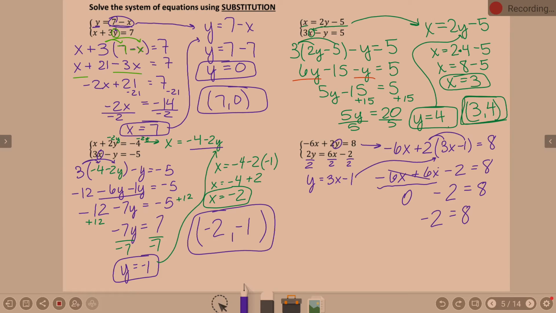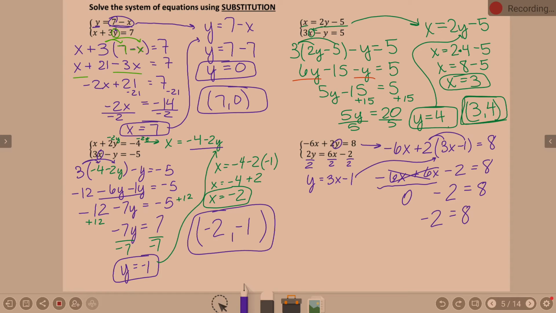My x is canceled. When those x's canceled, that started me off, assuming I haven't made mistakes, of saying it's not going to be a traditional ordered pair. It's going to be one of two things. There's either no solution whatsoever, there is no ordered pair that could possibly work, these lines will never cross, never touch, meaning they are parallel.